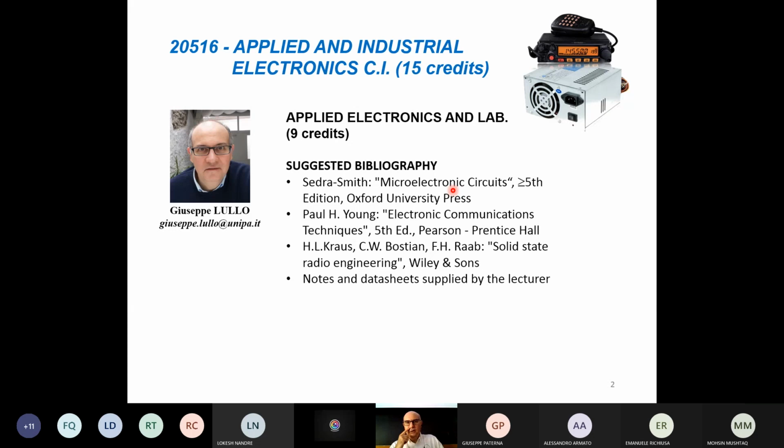Okay, so apart from Sedra Smith, most of the things I am covering, I took them from Paul Young, Electronic Communication Techniques. It's a bit hard to find. There is only one copy here in the library, but for some parts I can give you copies of scanned pages of this book. Most of the course will be covered by Krauss, Bostian, and Raab, Solid-State Radio Engineering.